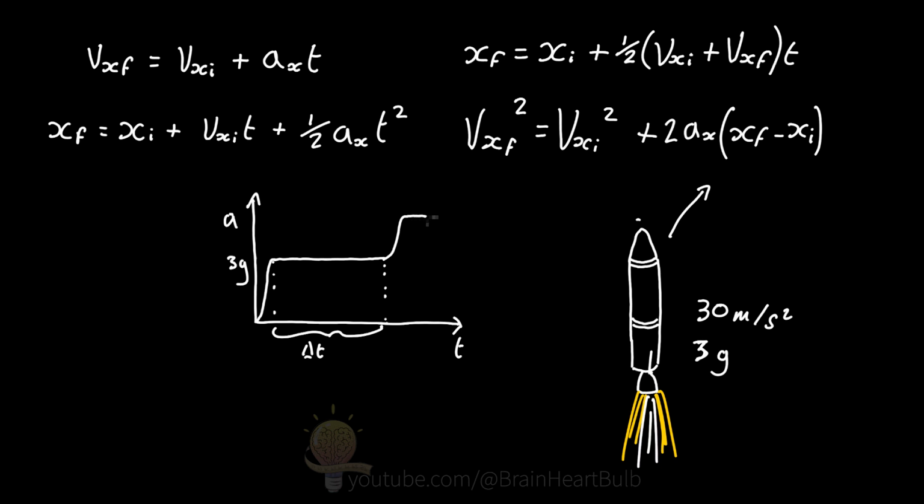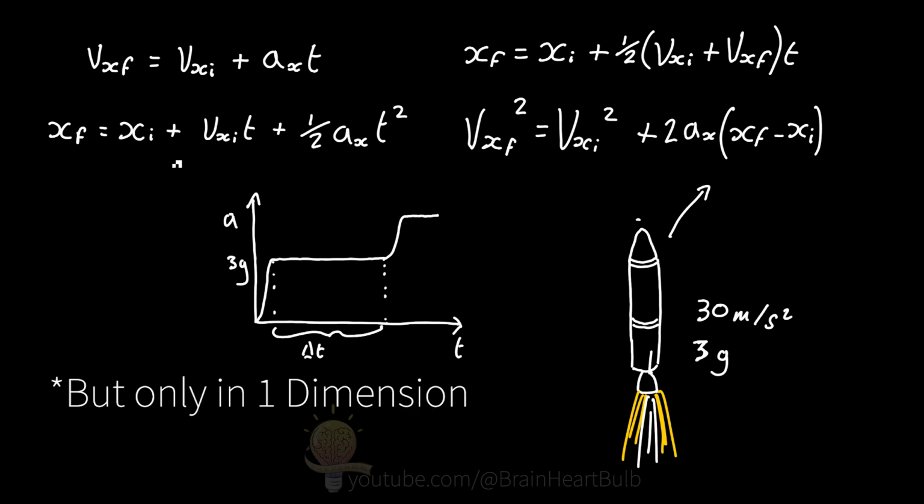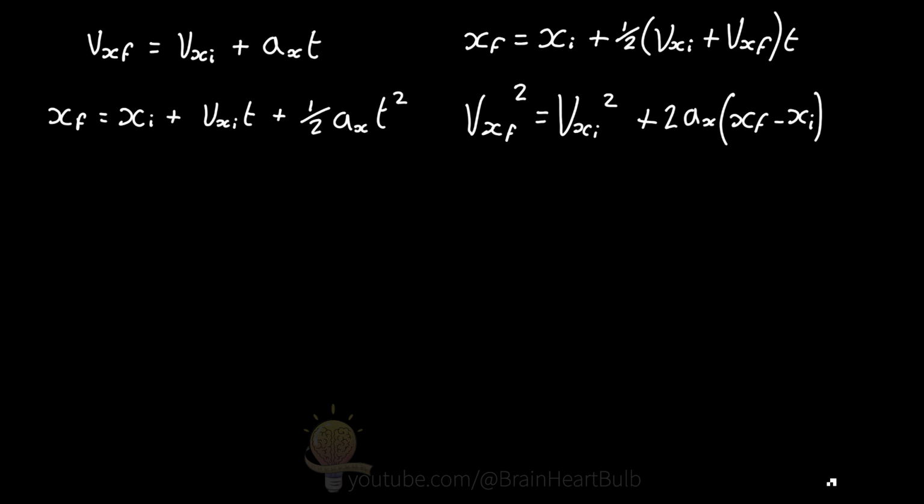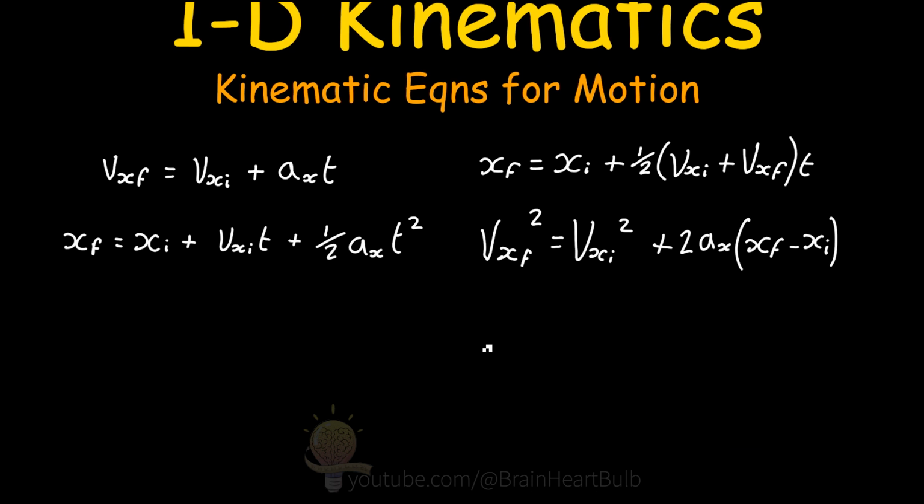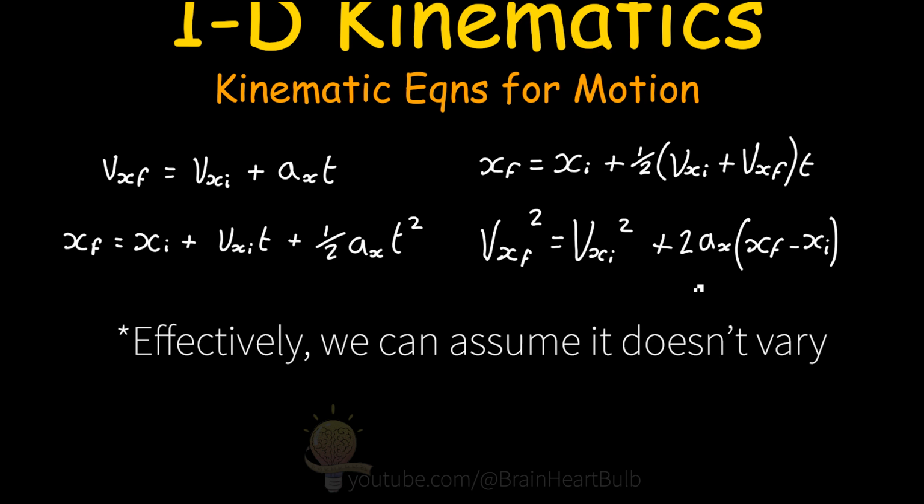And then that acceleration may plateau, like that. But in this time period, when the acceleration is suddenly increasing over time, these equations won't be relevant. You can't use them there. But when the acceleration is constant, you can apply these equations. But these equations are actually quite useful because in a lot of situations, the acceleration is roughly constant over time.